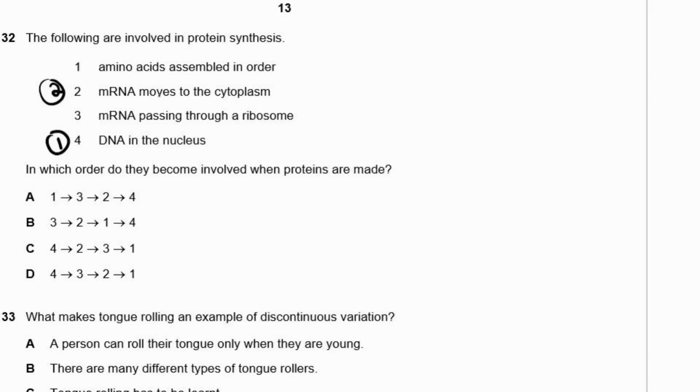Once it's in the cytoplasm, it finds a ribosome, so it can pass through a ribosome. And while it's passing through the ribosome, it assembles the amino acids in order to make a protein. So the answer here is 4, 2, 3, then 1. That looks like answer C. All right.